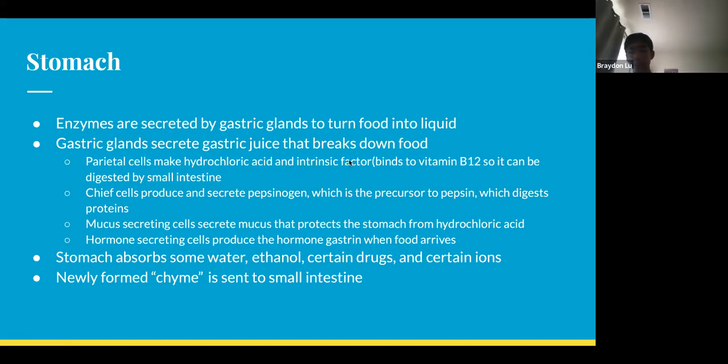Intrinsic factor binds to vitamin B12, so it can be digested by the small intestine. There are also chief cells, which produce and secrete pepsinogen, the precursor to pepsin. Pepsin is an enzyme which helps digest proteins. There are also mucus secreting cells, which secrete mucus that helps protect the stomach from hydrochloric acid.